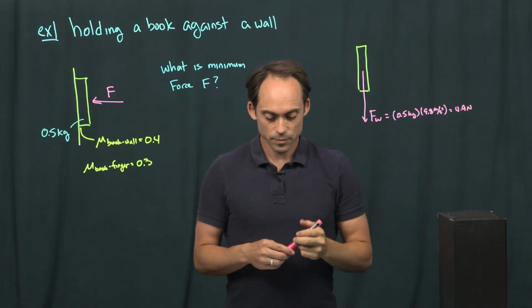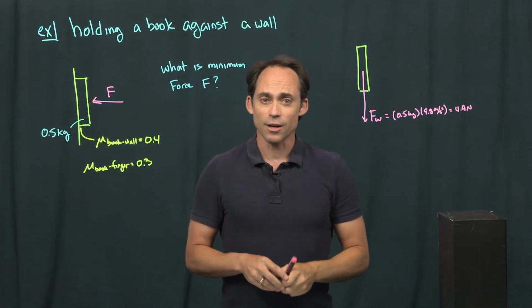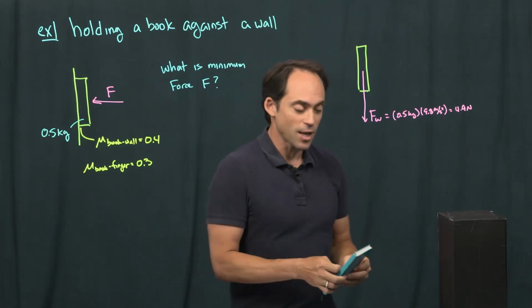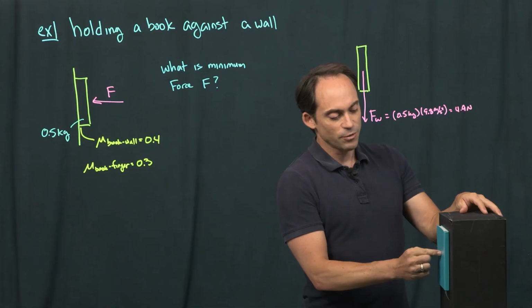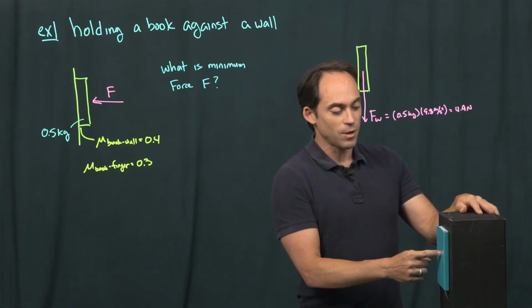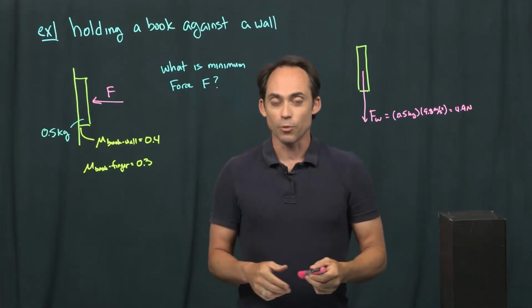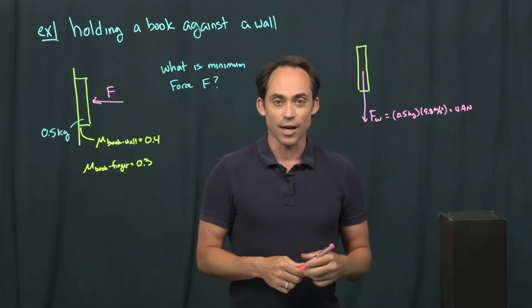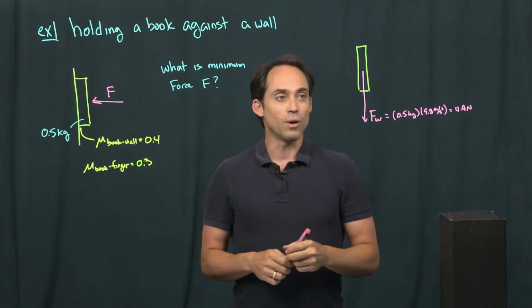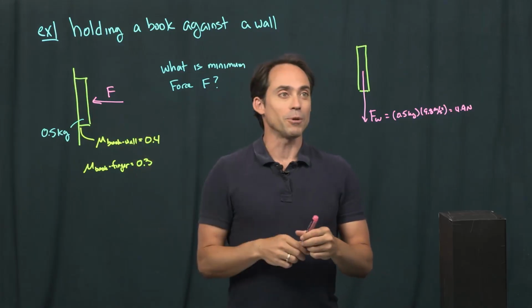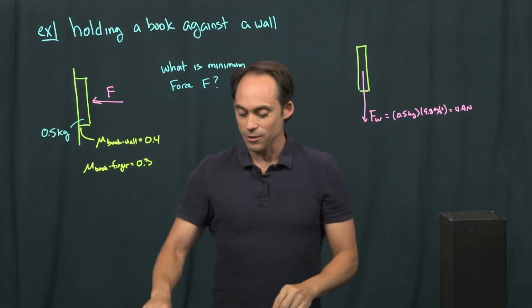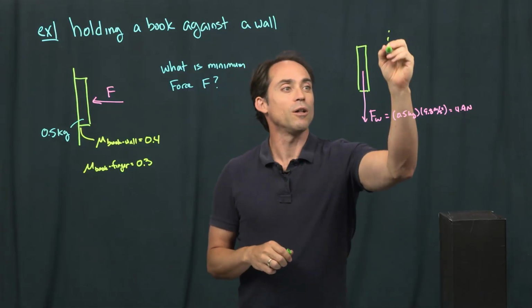All right, now we have to look at our contact surfaces, and we've actually got a couple of them. We've got the surface in which the book is in contact with the wall here, and so we have to look at both the normal force and the friction force that are interacting between these two surfaces. So I've flipped my diagram a little bit, so let's draw with the wall here. All right, so I'm going to assume that the wall is right here.